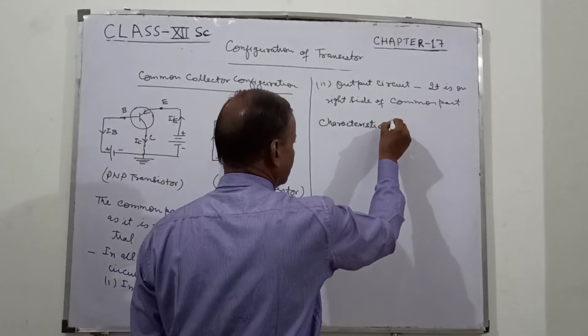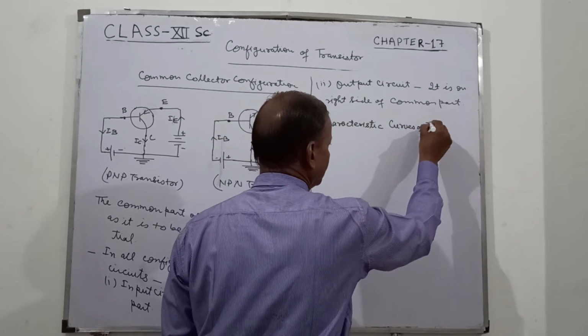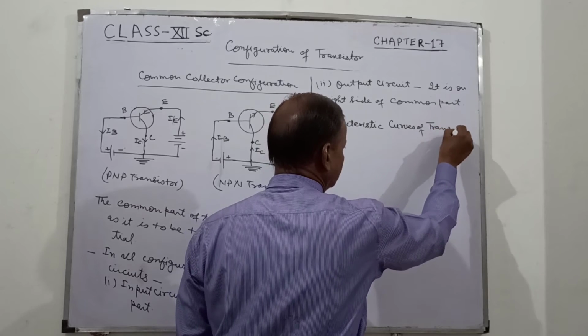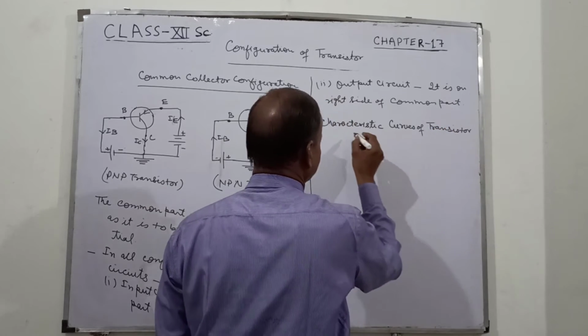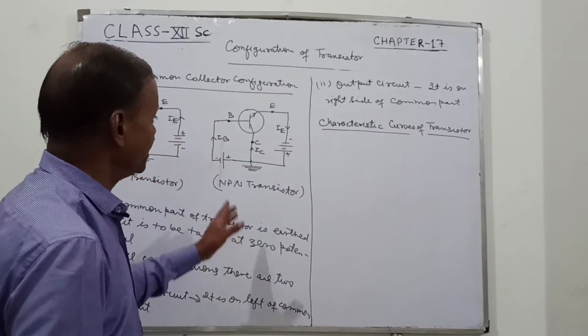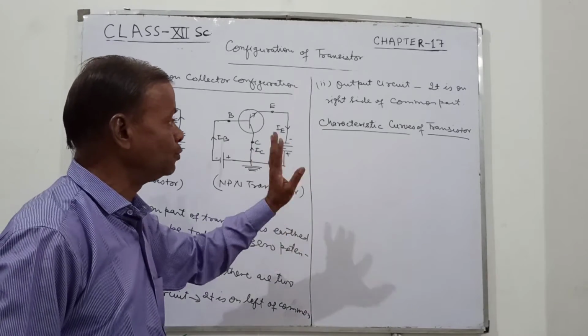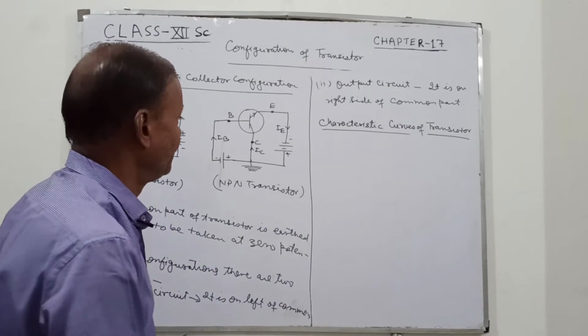Characteristic curves of transistor. Since there are two circuits in this configuration, so we have two kinds of characteristic curves.